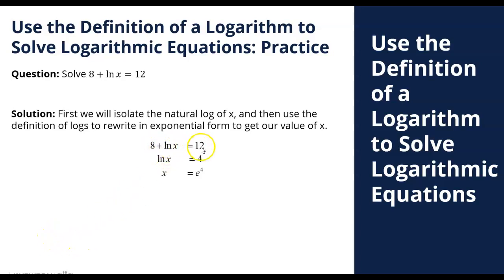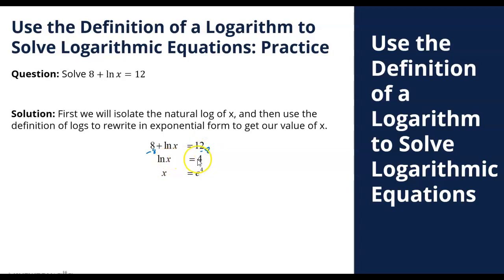First, let's consider the given here. We will transpose 8 to the other side of the equation. That is done by subtracting 8 on both sides. 8 minus 8 is 0, that's why you only have ln x, and 12 minus 8 is equal to 4.